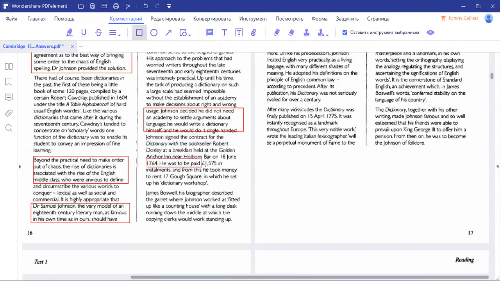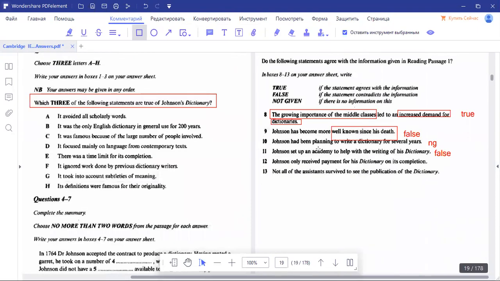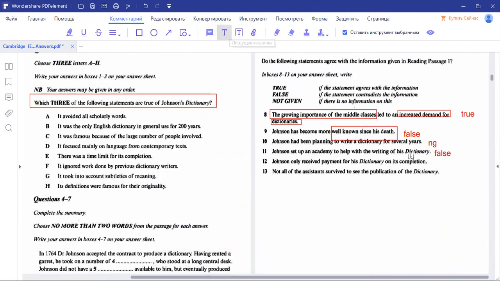He was to be paid £1,575 in installments. Installment means when he started the work, he was to be paid that much money, but it says he could only be paid the money when he finished it. It is false. Too many false so far.